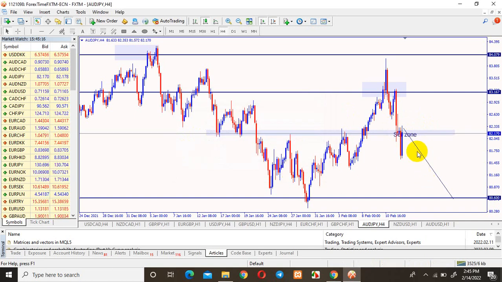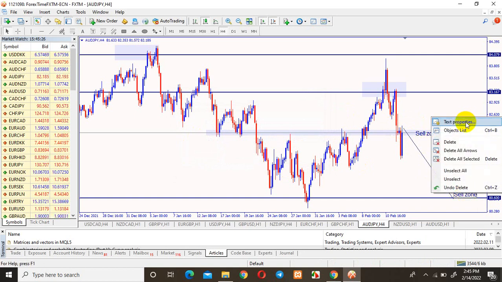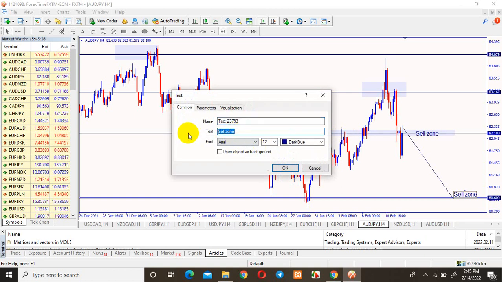So what is our target right now? Price hasn't moved at that point. We should be targeting our profit on this area.